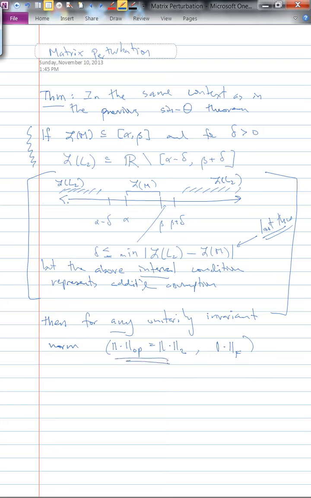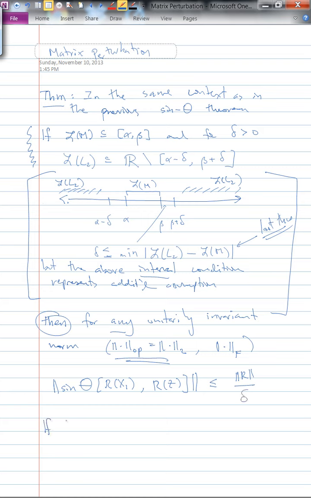We had the Frobenius norm in the previous result. What we care about here is the operator norm. So then the sine is less than the norm of R divided by delta.